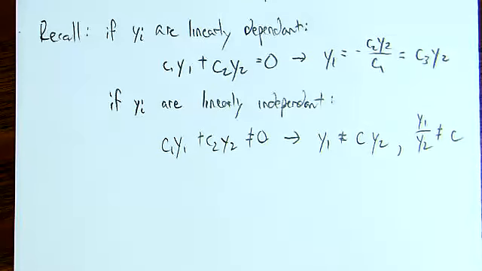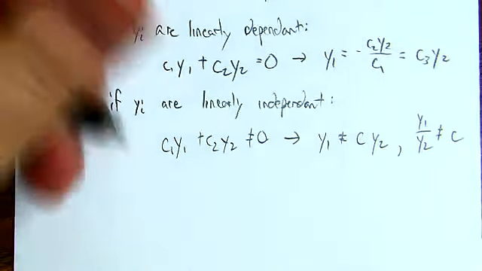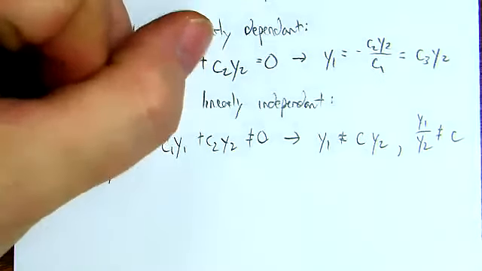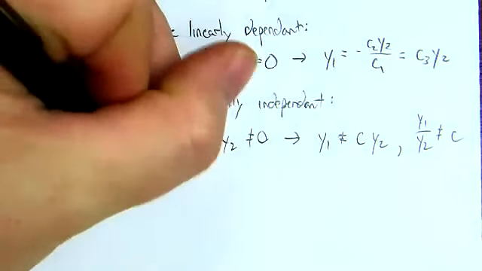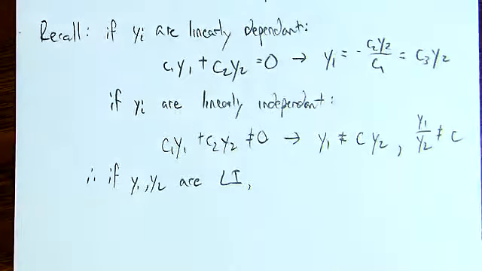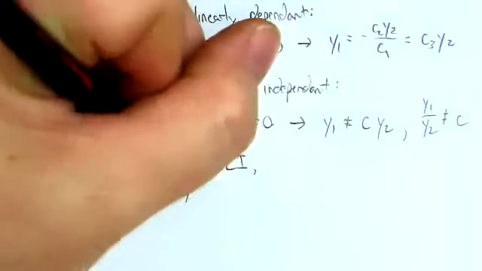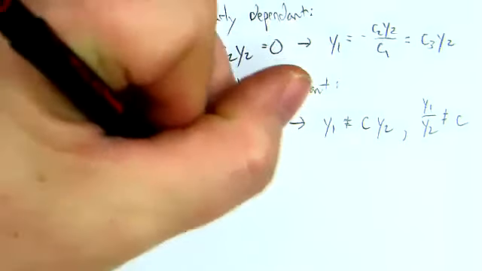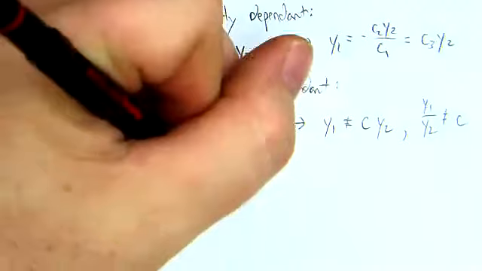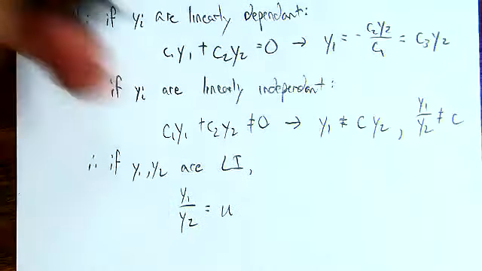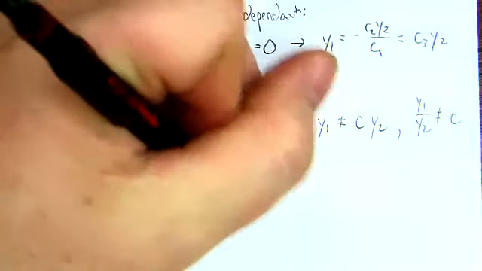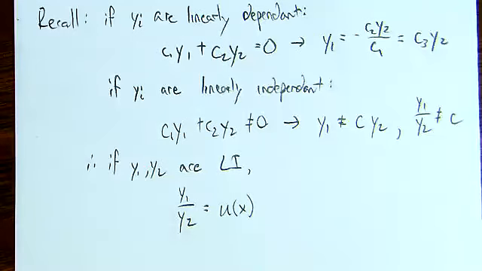Well, these are still just functions of x. So if y1 and y2 are linearly independent, this quotient y1 divided by y2 must be equal to some different function of x. Again, it can't be constant, so it must be some function of x.